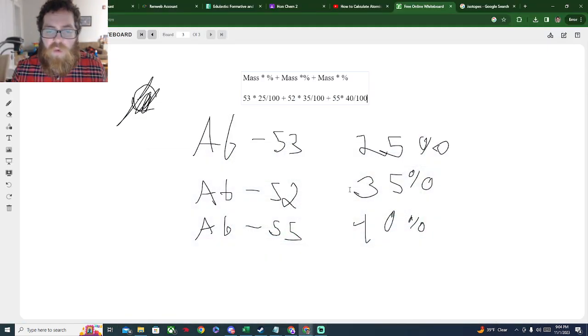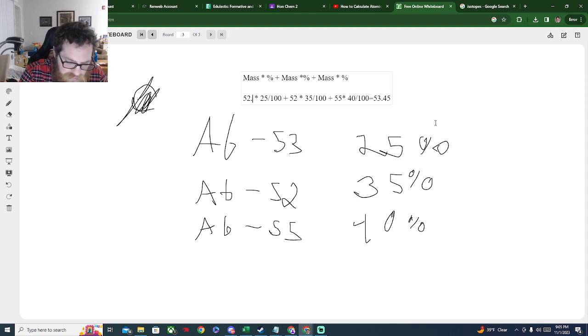Your answer will not be that clean. This would be the atomic mass, 53.45. Your answer will not be that clean because the percentages won't be exactly that, and the mass might not be exactly that. If you're given a more specific mass, just use that specific mass. If AB 53 technically has a mass of 52.9836, then you just put in 52.9836.